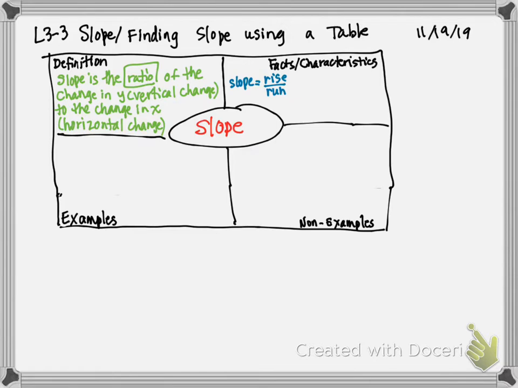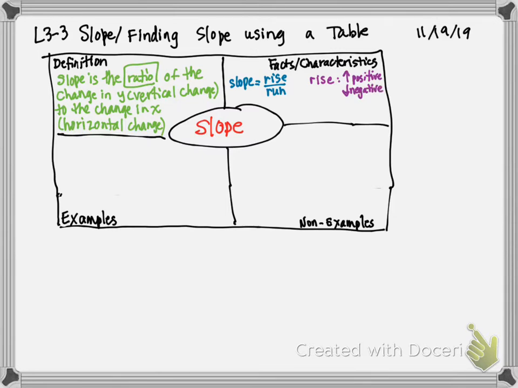Now, we have different values for rise and run. So if you rise up from one point to another, that's positive. If you rise down from one point to the other, that's negative. So you get signs based on the direction that you're rising or running.